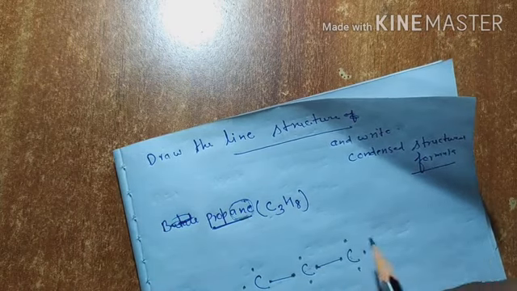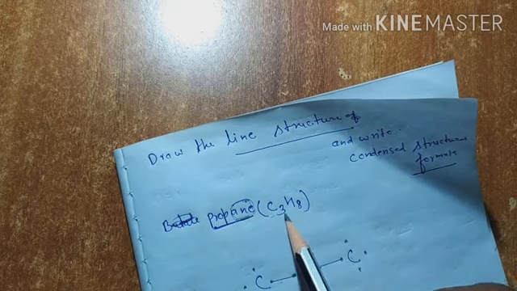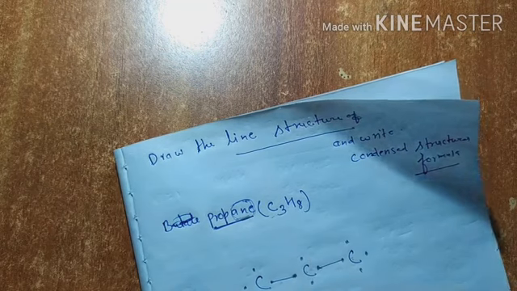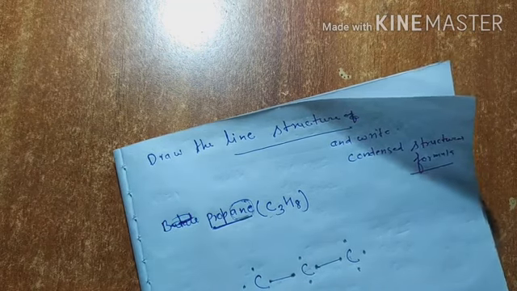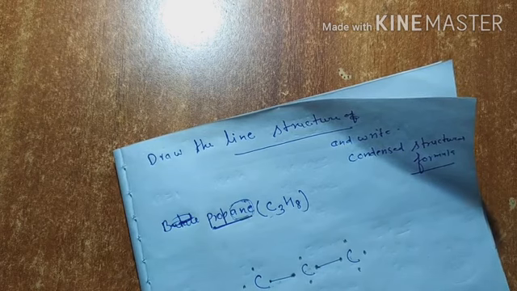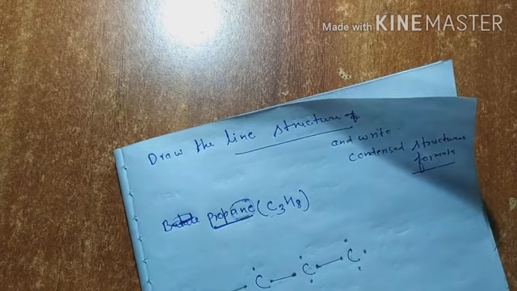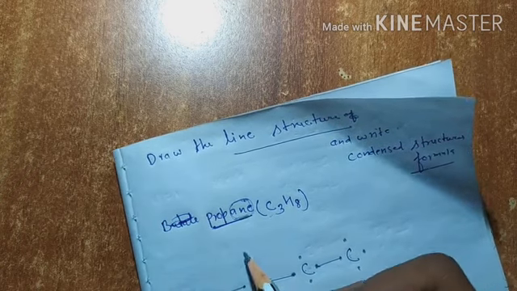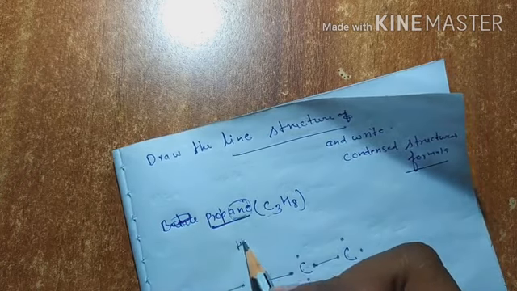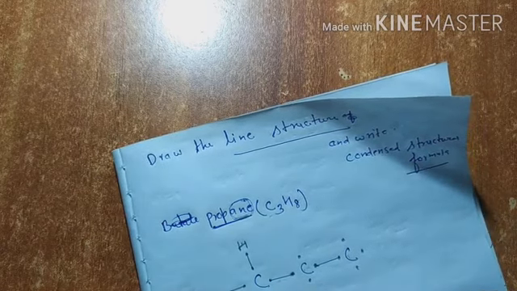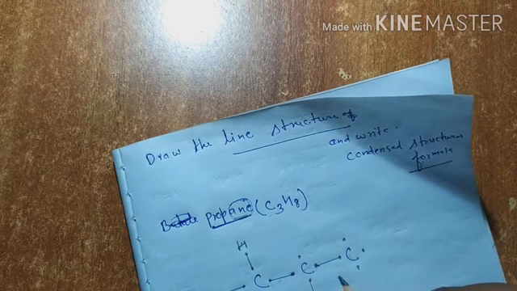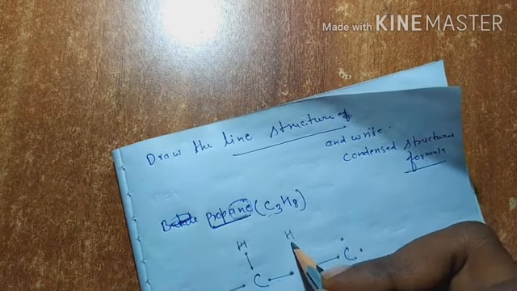So right, we have to adjust 8 hydrogen atoms. You can see, put here H, this is hydrogen atom, this is single bond. Hydrogen will be here, single bond. Hydrogen here, single bond.